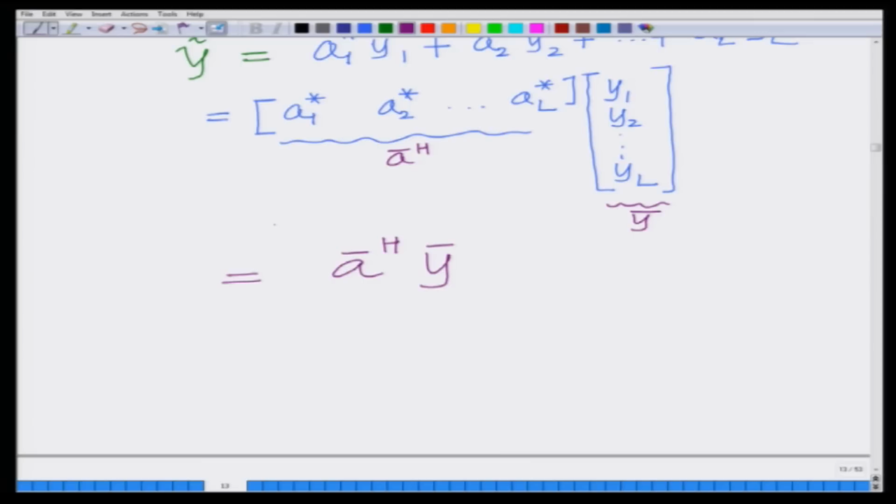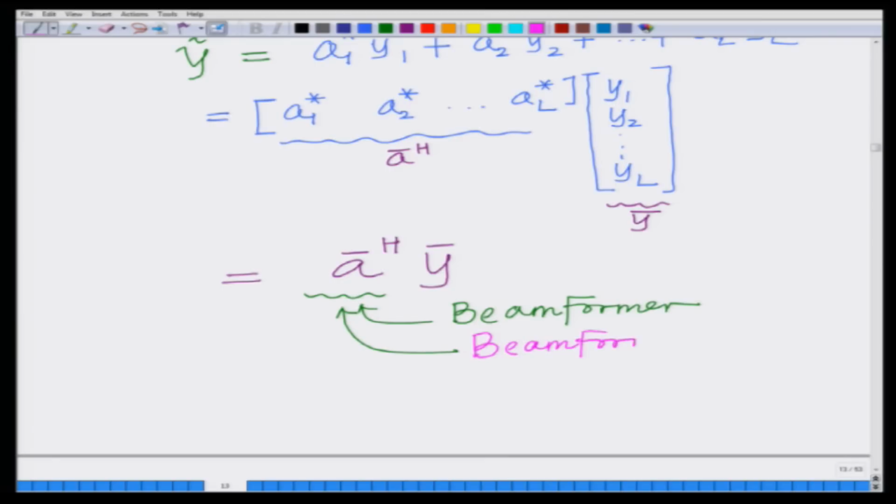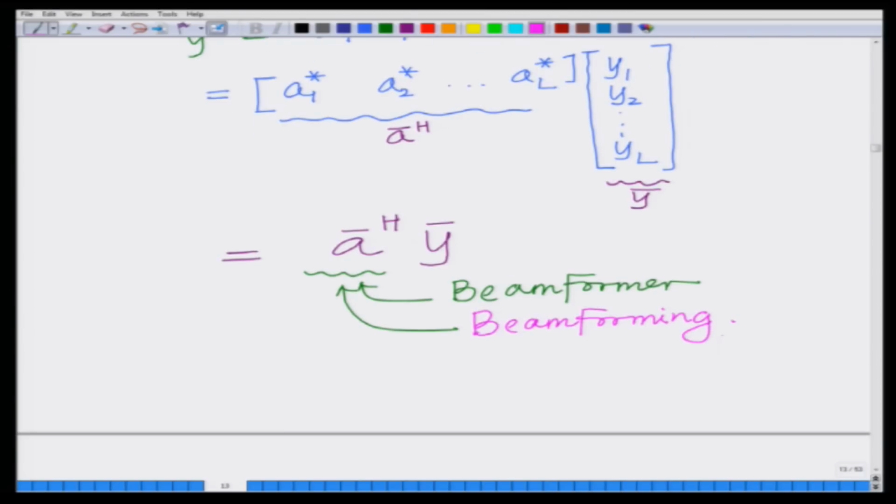This combining vector A bar is also known as a beamformer, and this process is also termed as beamforming.